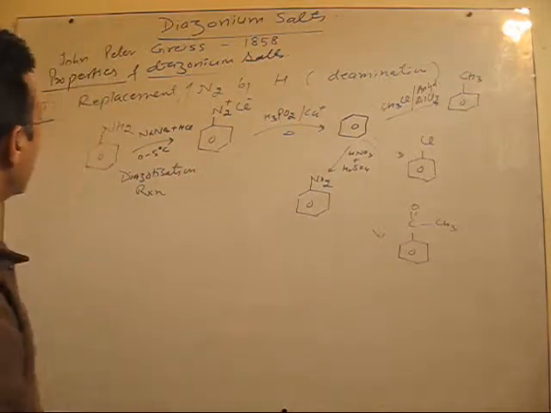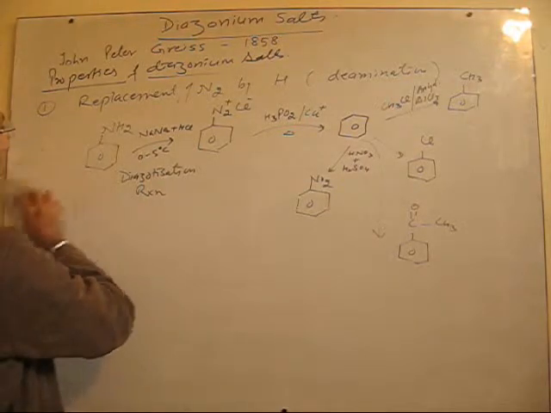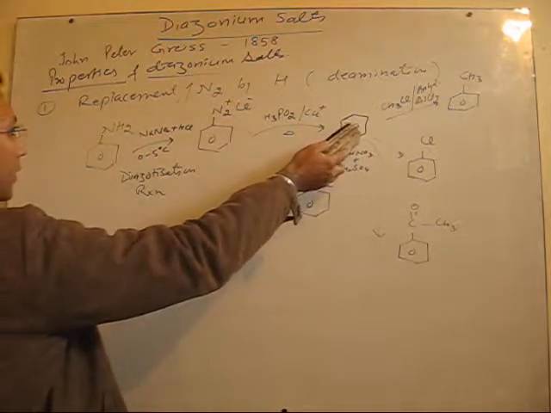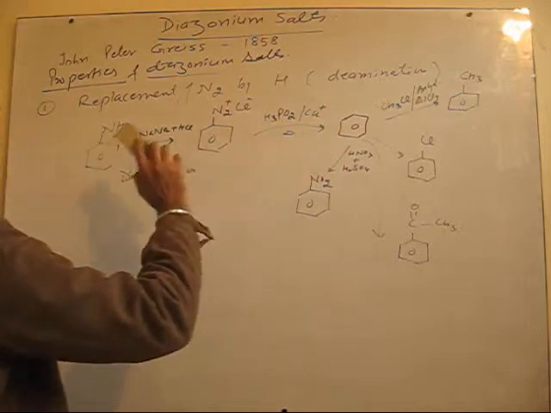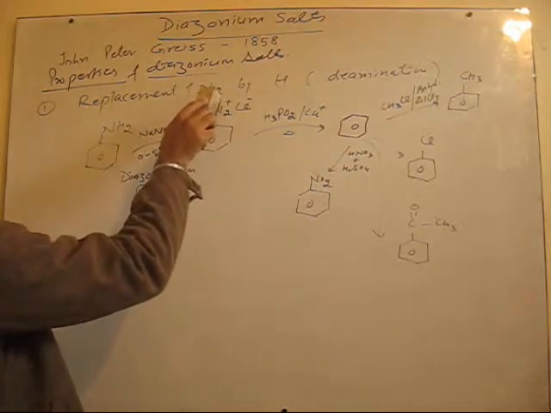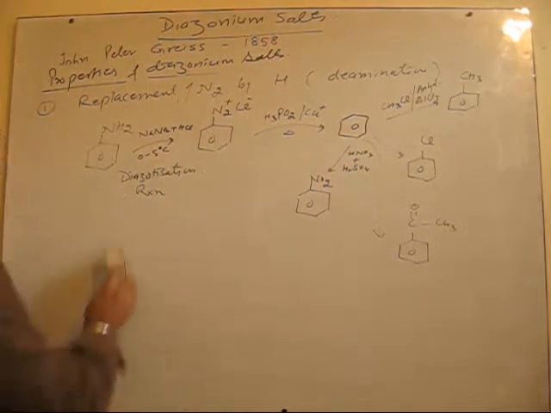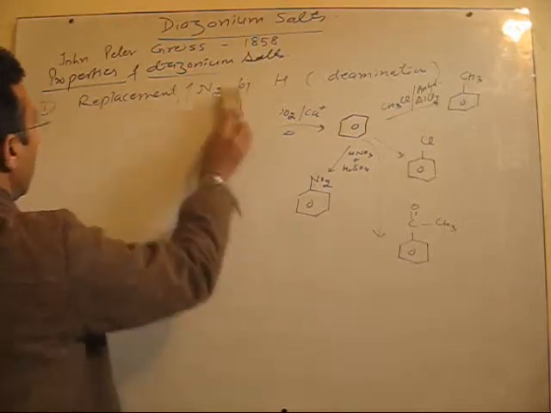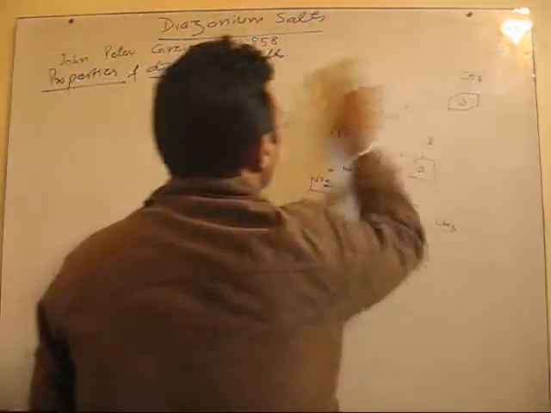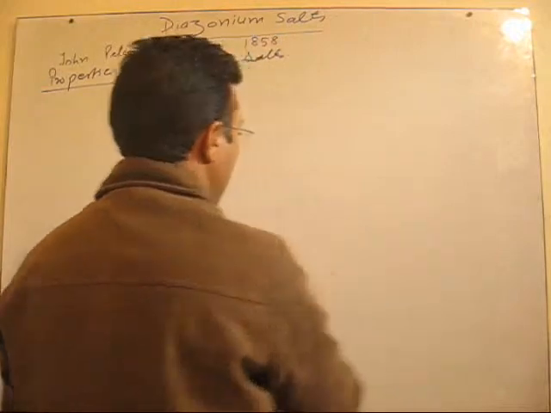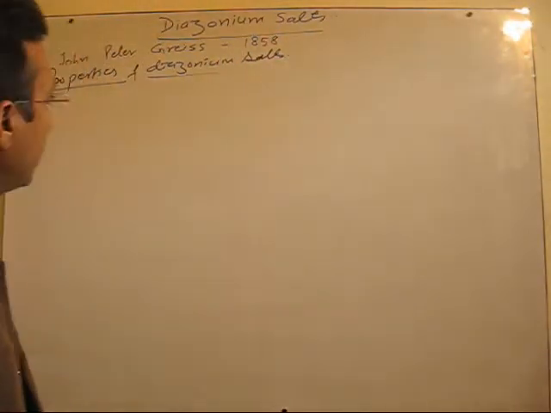Fine. This is the importance of this reaction. If you want benzene in any conversion, then it will be better you prepare diazonium salt first. Fine. So this is one reaction in which nitrogen is replaced by hydrogen.